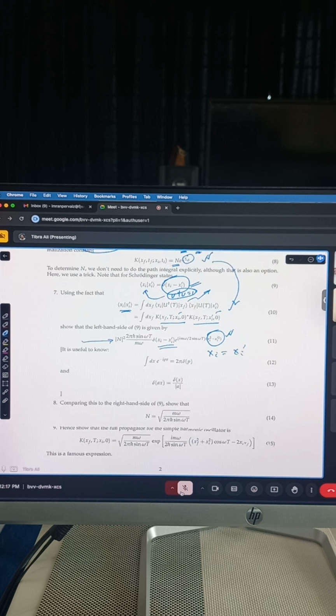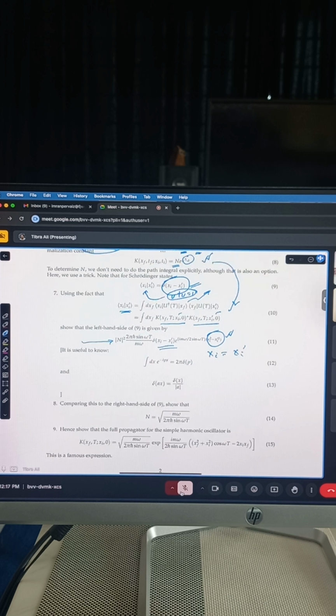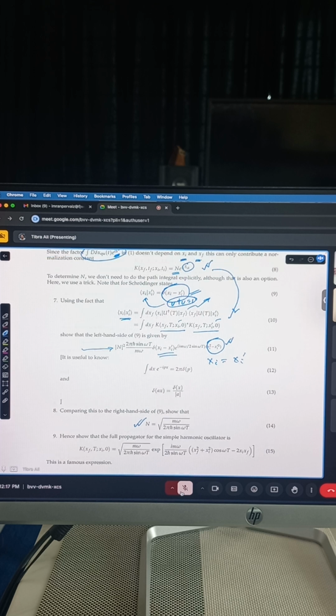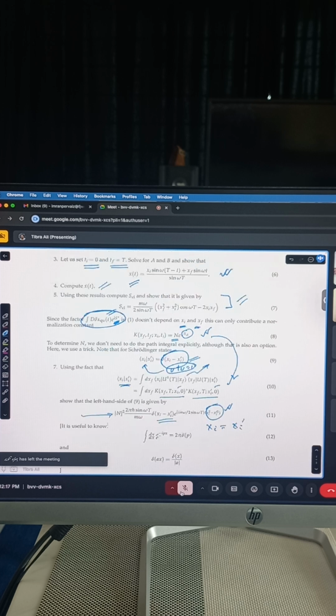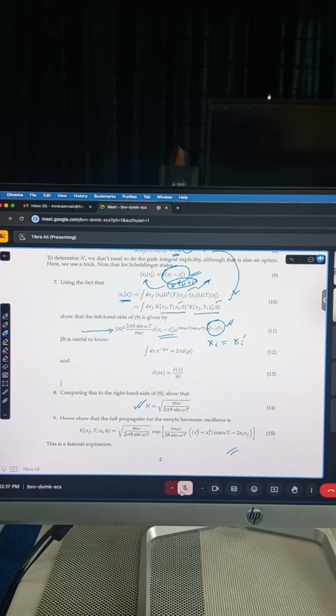You will get the value of N squared, and you can take N to be real, up to a phase factor. If you put all of them together, this is the expression for the propagator of the simple harmonic oscillator. It's quite a famous expression. Okay, so there's a difficult bit here, and this is not just long.